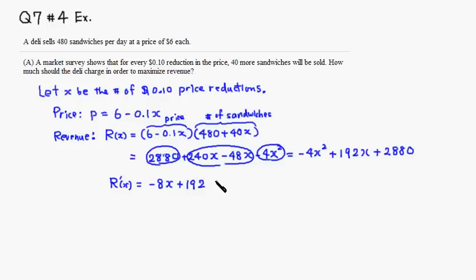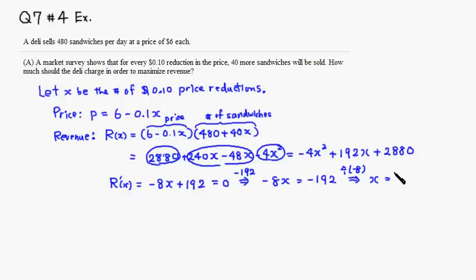So we're going to set that equal to 0. First I'm going to subtract 192. You get negative 8x still on the left-hand side, and then you have minus 192 on the right. Then we can just divide the equation through by negative 8, that way we can isolate x.